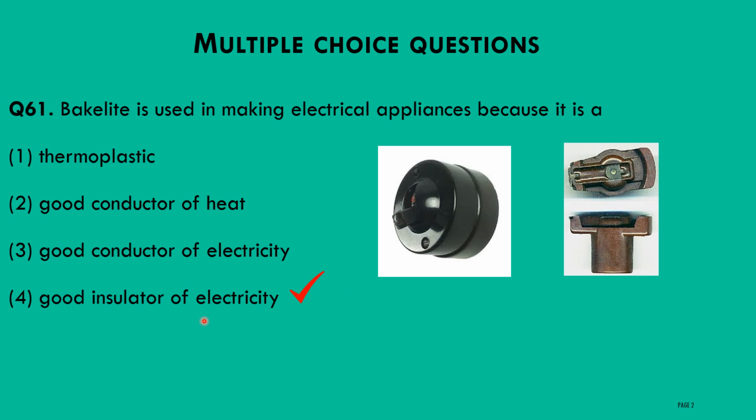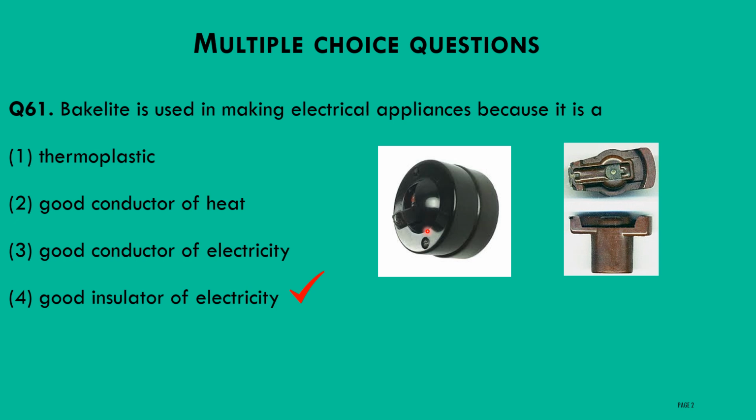When you are solving multiple choice questions, one thing you have to remember: you have to select the most appropriate correct answer. Here, why are we using Bakelite to make electrical appliances? Because it behaves as a good insulator of electricity. What is meant by an insulator? An insulator will not allow any heat and electricity to pass through it.